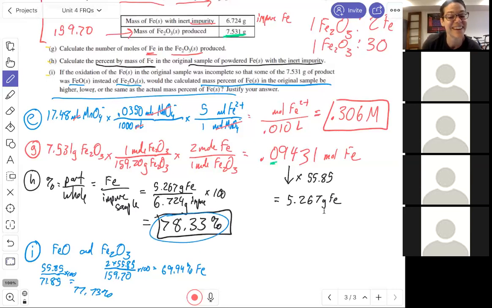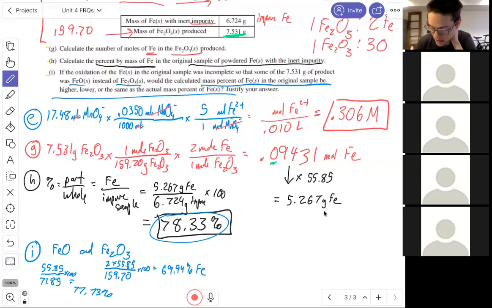Wait a second. Hold on, Miss Beth. So I'm still trying to get my head around it. So we're saying that with the FeO that we found, that percent, are we predicting whether or not it'll be greater or less than or equal to what we found in H?